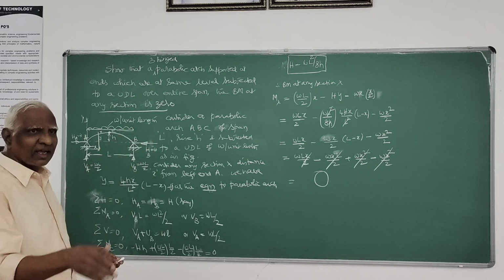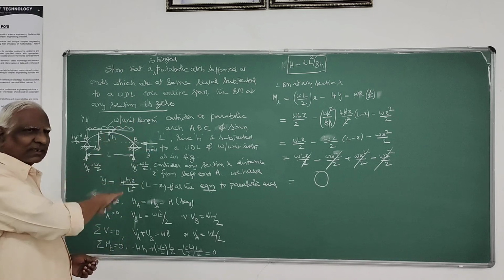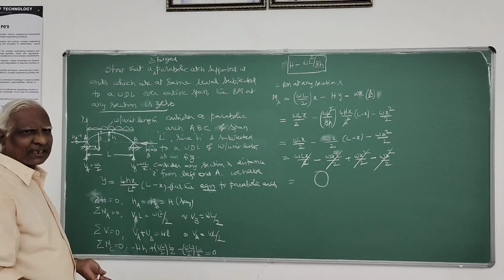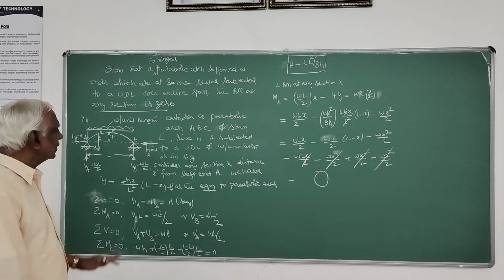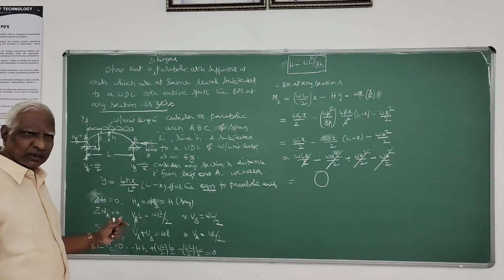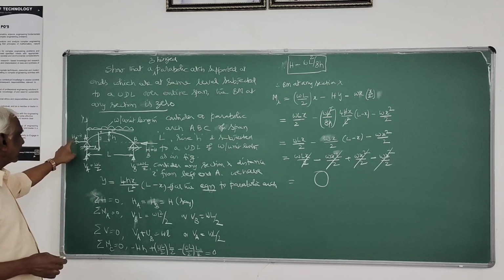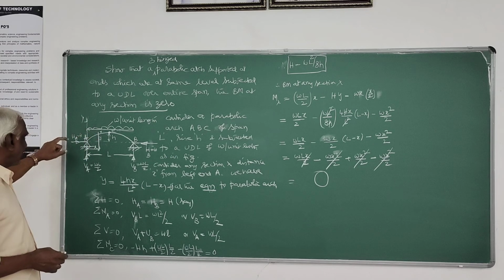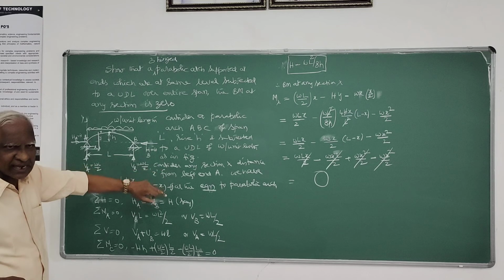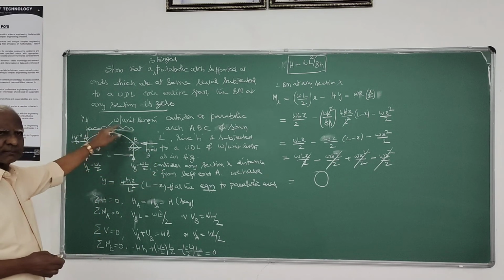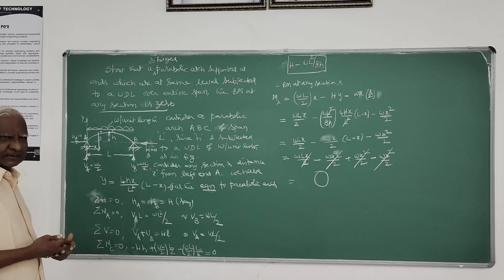That's why we go for an arch type of structure to support gravity loads, uniformly distributed load, so that it is subjected to only axial compression, because this H acting at any point transfers the vertical load into horizontal thrust, and that in turn induces axial compression in the arch. Arch structures are always subjected to axial compression.